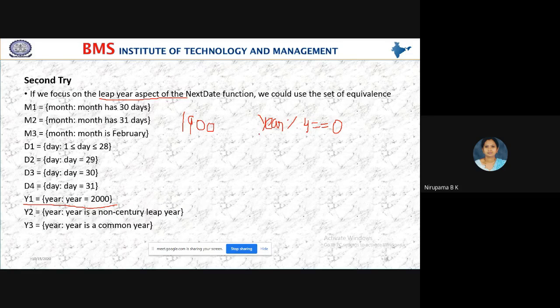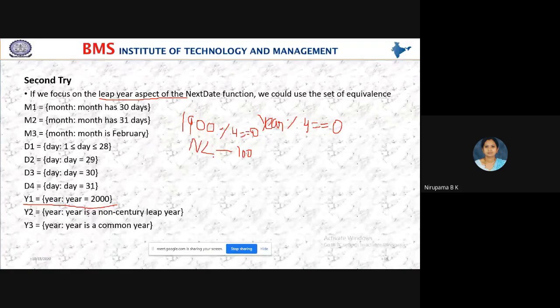But 1900 is not a leap year. If you divide 1900 by 4, the remainder value will be 0, right? But it is not a leap year. It is a non-leap year. Why? Because every 100th year will not be a leap year.